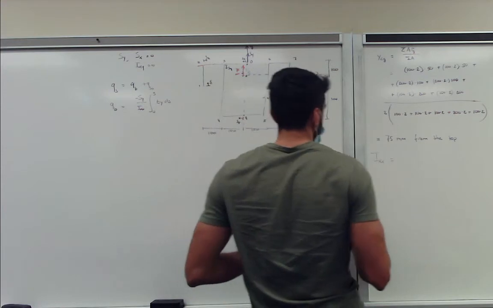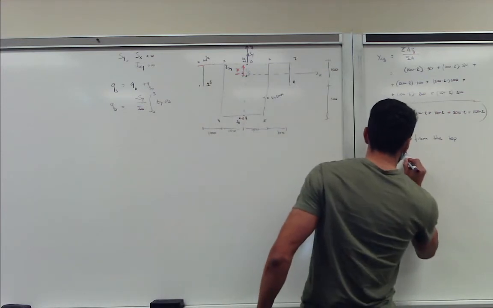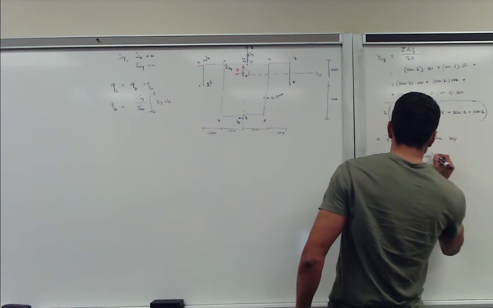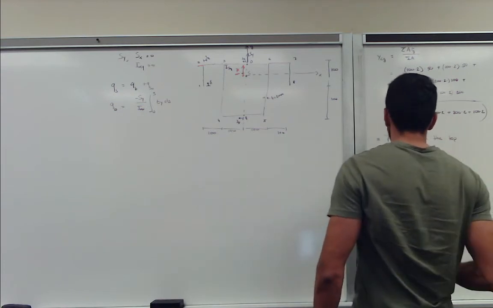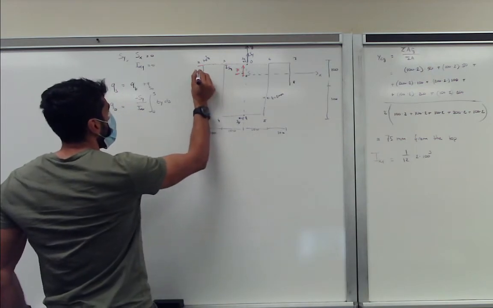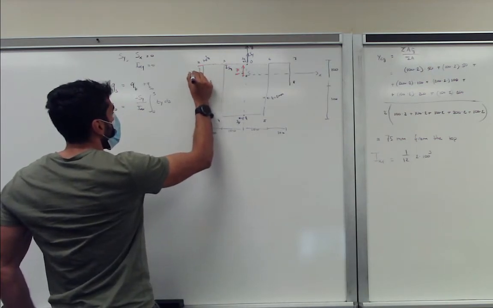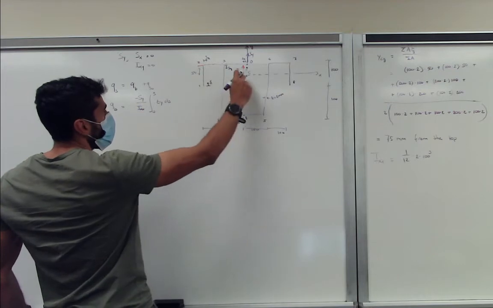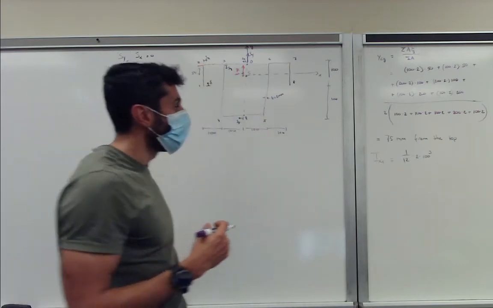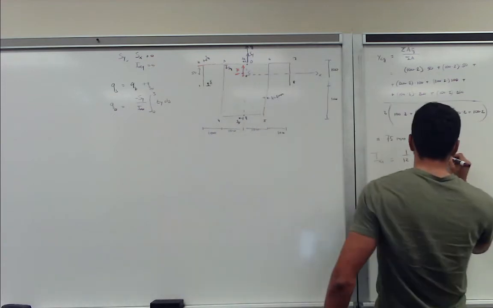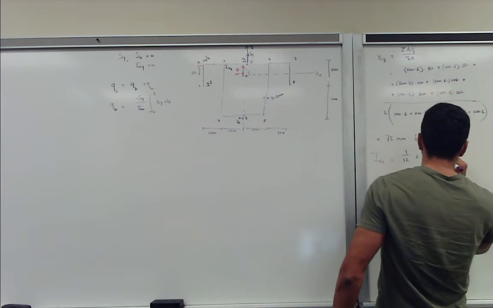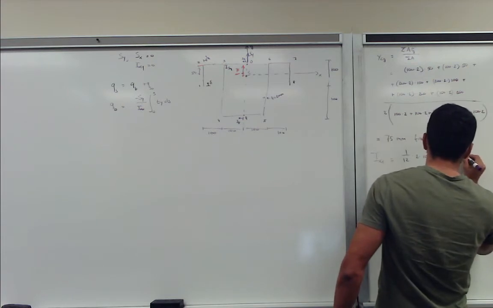So for this axis, we have 1/12 multiplied by 2 multiplied by 100 to the power of 3. And note that this lies at 50 from the top, so there will be a y distance of 25. So you have to multiply by the area, which is 100 times 2 multiplied by 25 squared.